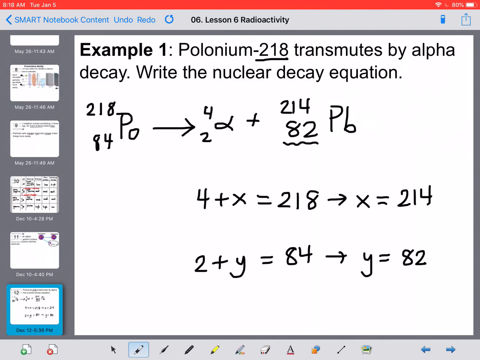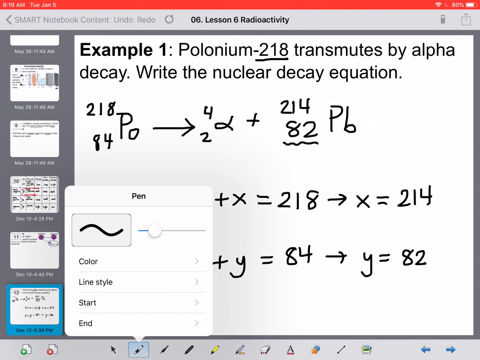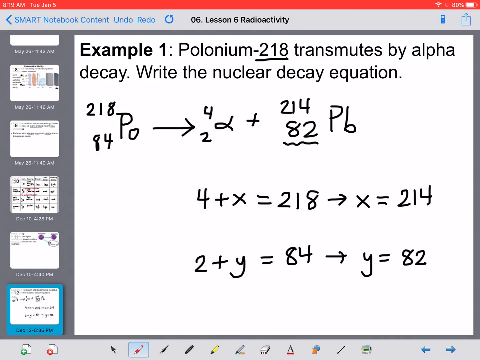Now, I have to point out a couple more things here. If you're asked what physics principle you use to solve this question, there's 2 physics principles involved here. There's this one here, I'll call this number 1, where we're making sure the top numbers all add up. And there's this one here, which we'll call number 2, and that's where we're making sure the bottom numbers add up.